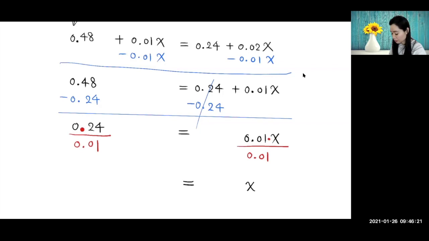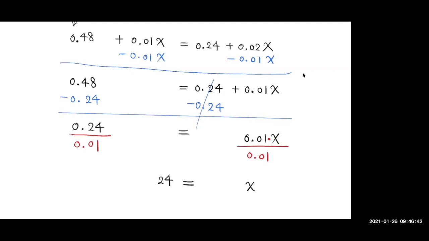So you move the decimal point 2 places to the right. So you get 24. So you get the same result, x equal 24. So there are 2 ways to do this. Does that answer your question? Yes, that was perfect. Thank you. All right. Okay, good.